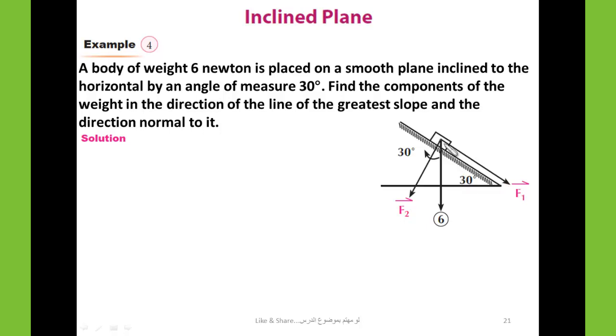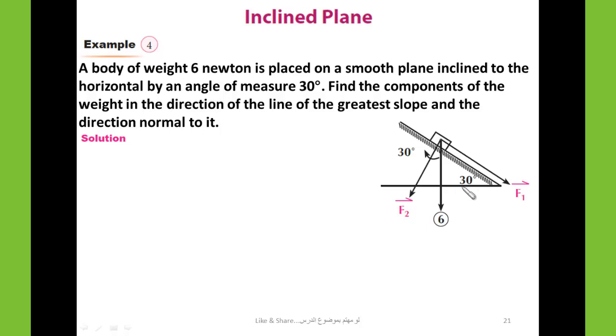The required is to resolve the force of weight into two perpendicular directions. One of them is F1 in the direction of greatest slope of the plane, and the other is F2 perpendicular to it. So the angle between the direction of F1 and the direction of F2 equals 90 degrees.